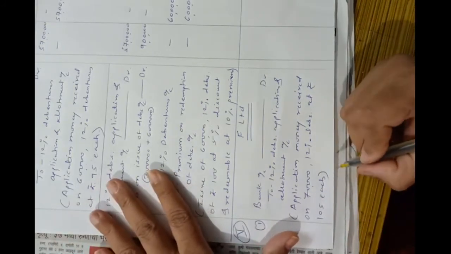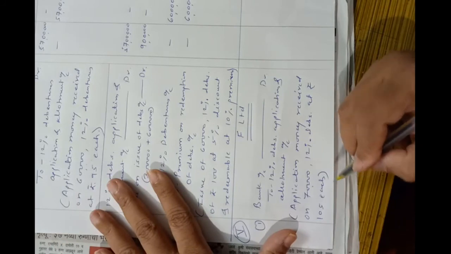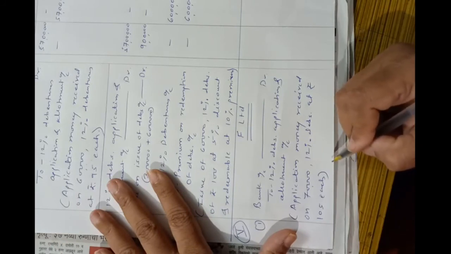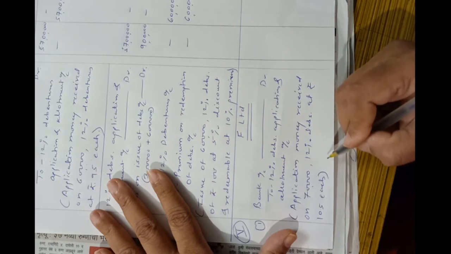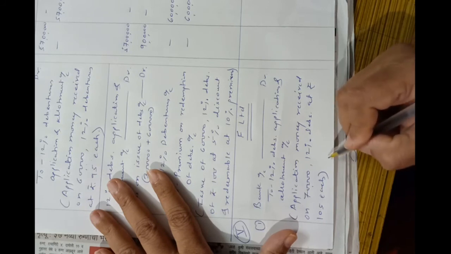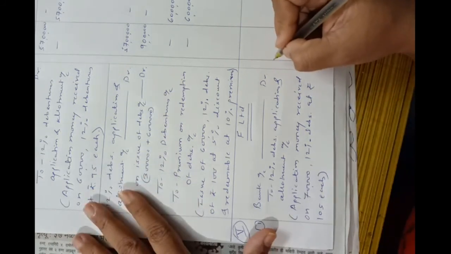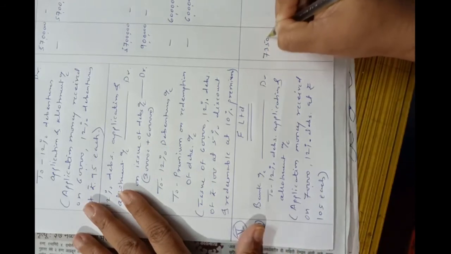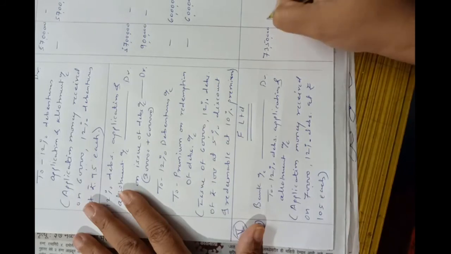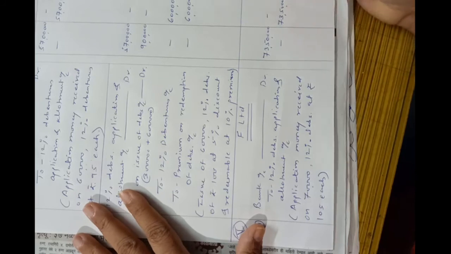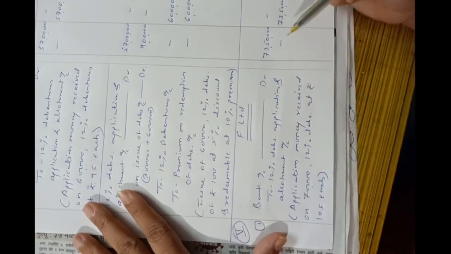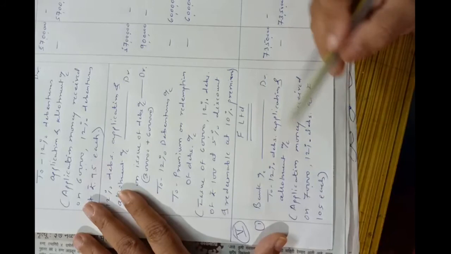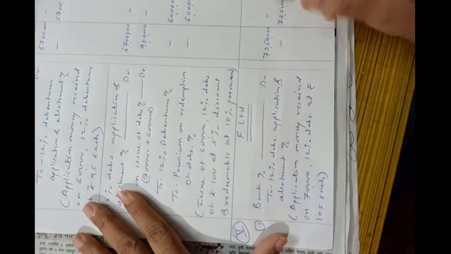Okay, so we have received 105 each debenture, that is 5 rupees more on each debenture. So amount will be 73,50,000. See, 70,000 into 100 means 70 lakhs and 70,000 debentures into 5 rupees means 3,50,000. So total amount received 73,50,000.